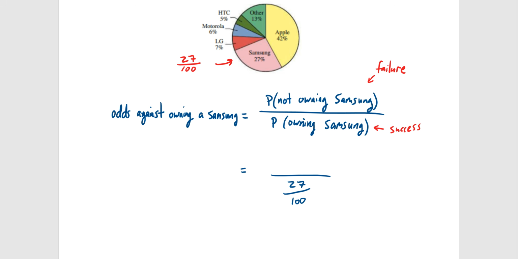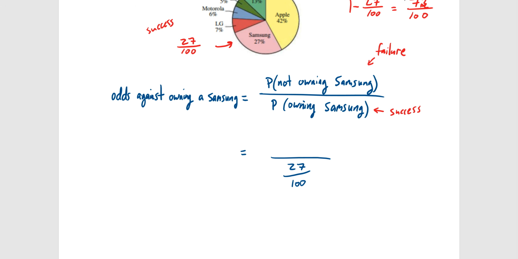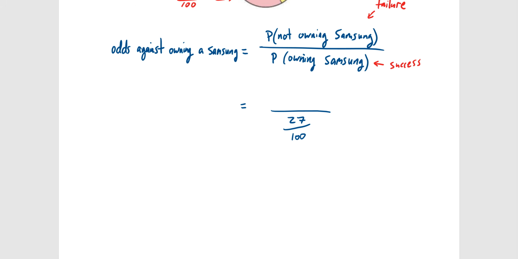For that, you can add up all of the other ones and put it over 100, or you can do 1 minus 27 over 100, and that gives us 73 over 100. So this one was considered success, this one's considered failure. Let's plug that into this equation. It's 73 over 100 divided by 27 over 100.